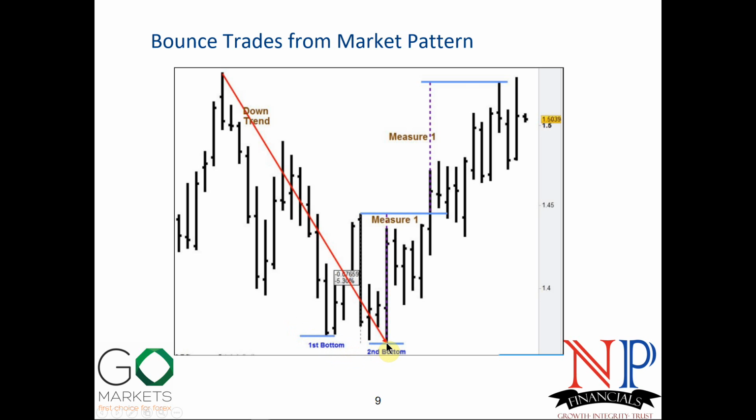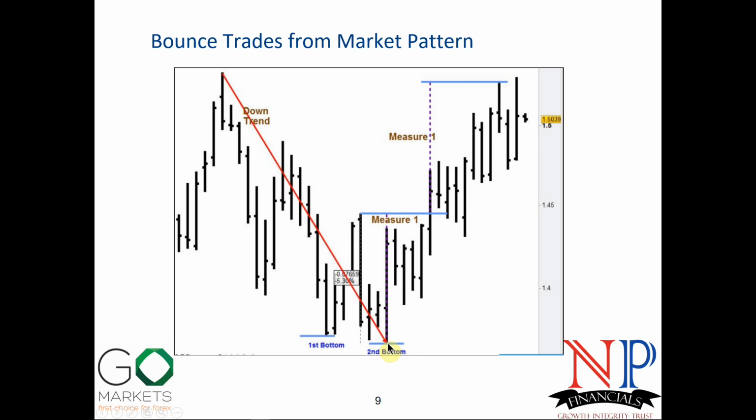Now the second bottom for a class A type of double bottom must print a new low in the form of a top or a swing low, it doesn't matter. If this second swing low or top is lower than the first swing low or top, then this is a class A double bottom.